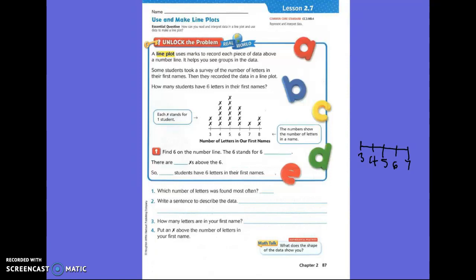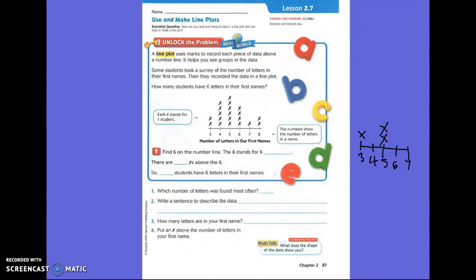All right, so you have these numbers, and then for how many people have, like, we know Eli in our class has 3 letters, so he'd be the 1 x above 3. Tyson has 5, so he'd be up there. Alexander has 5, so he'd be right here. So on a line plot, the x's mean the number of people.